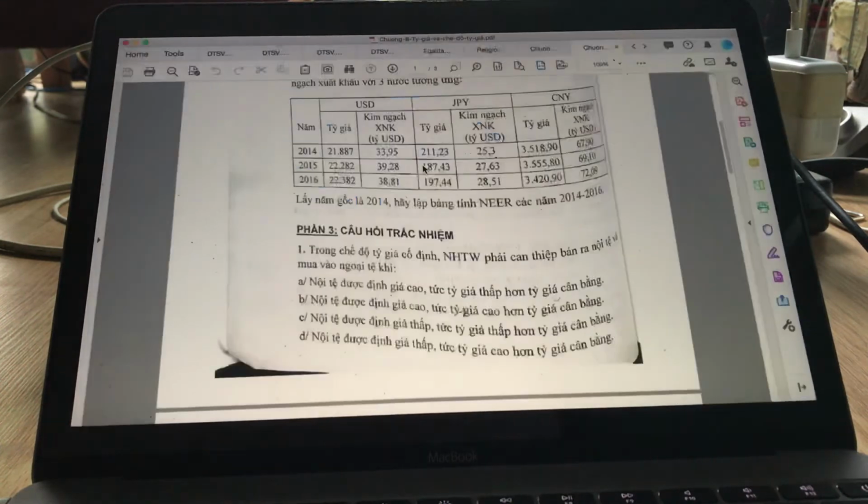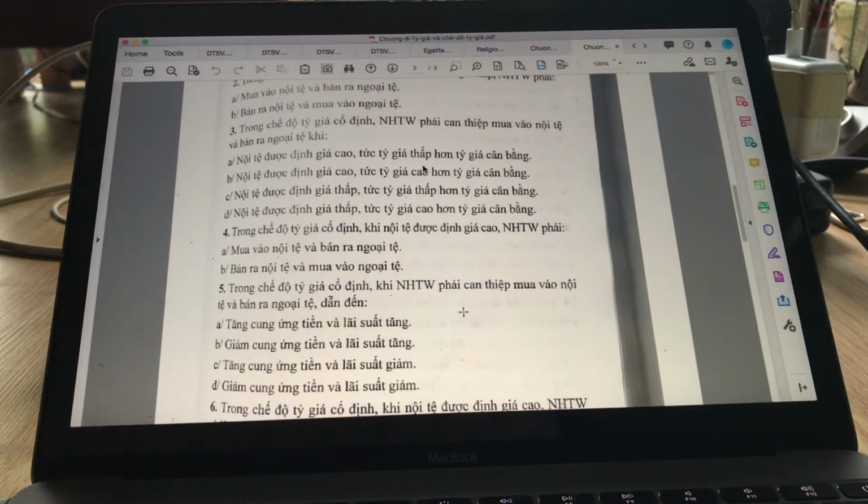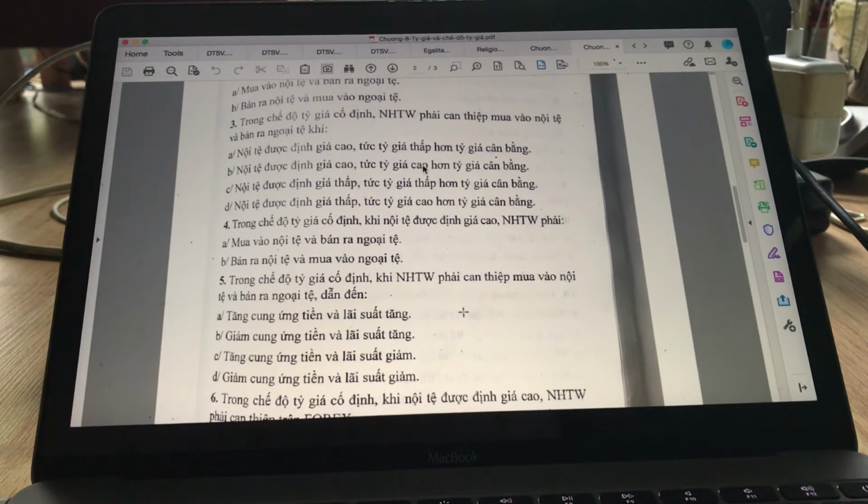Okay, please think about question 3. Khánh Huyền, please. The answer is B: the domestic currency is overvalued, meaning the rate is higher than the equilibrium rate.